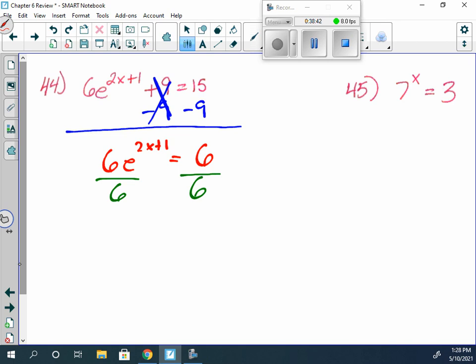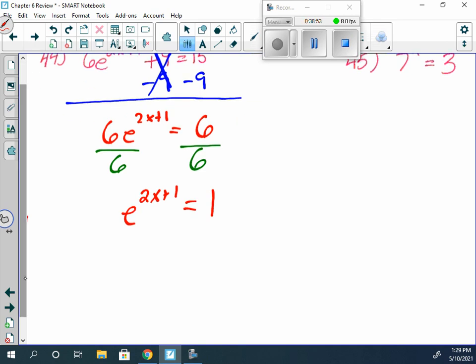And from this, we can divide both sides by 6, telling me that e to the 2x plus 1 is equal to 1. Really doing those two steps gives me e by itself.